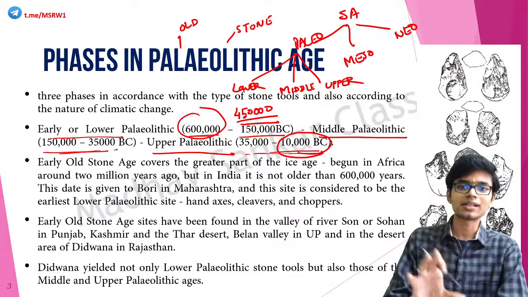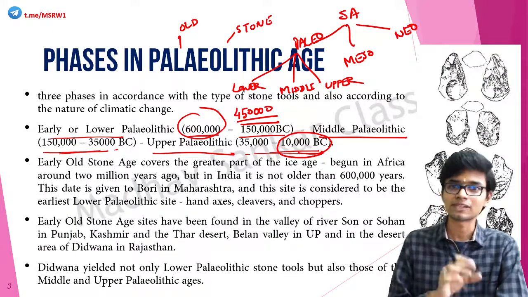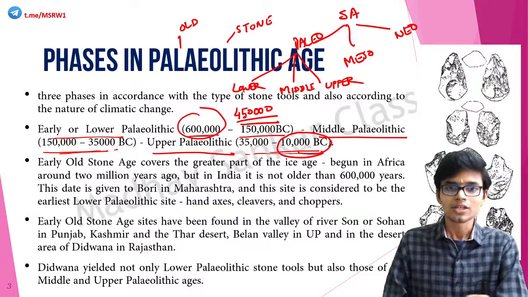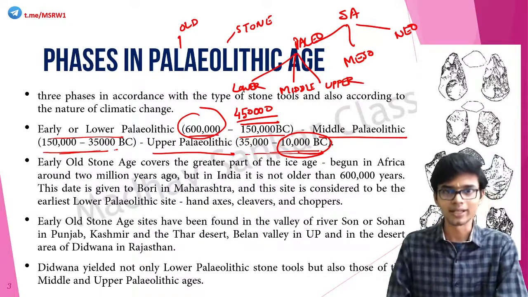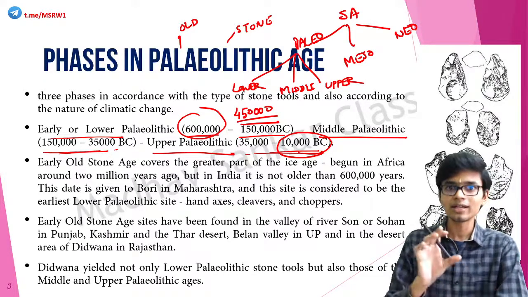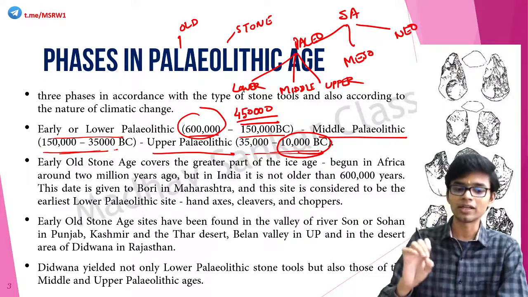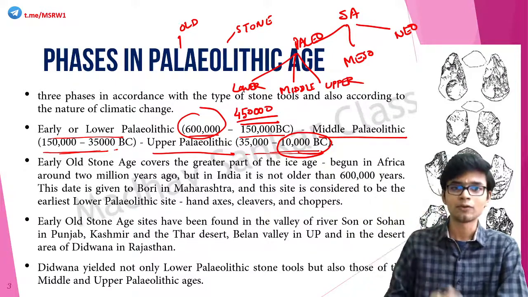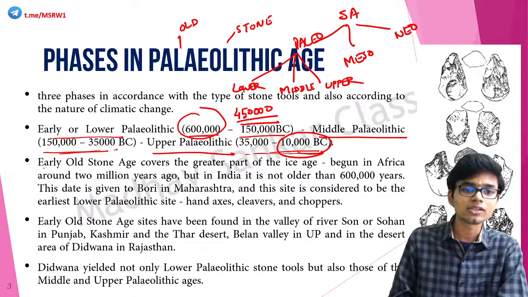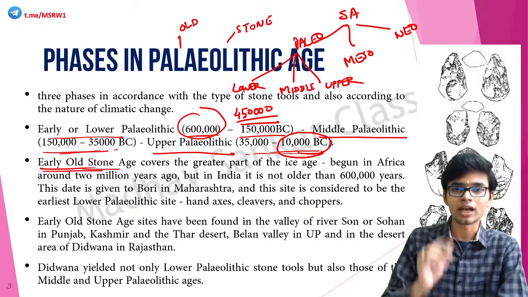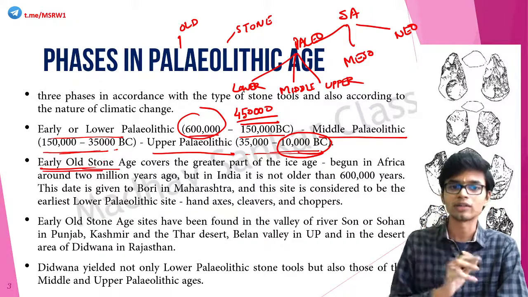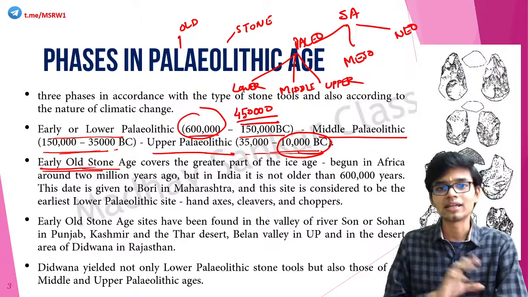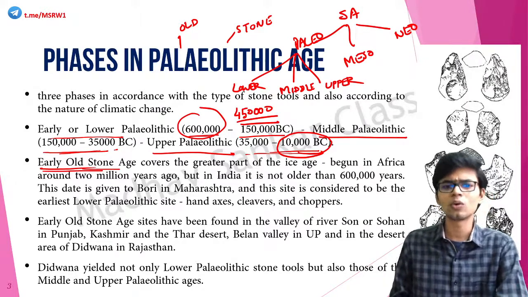So this is the period that we are going to see in the first part of today's session. As I have mentioned earlier, we are looking at it from the perspective of India. That does not mean all these started in India and the world at the same time. For example, the early Old Stone Age, or the Lower Paleolithic period, covers the greater part of our Ice Age. I hope you know what the Ice Age is.